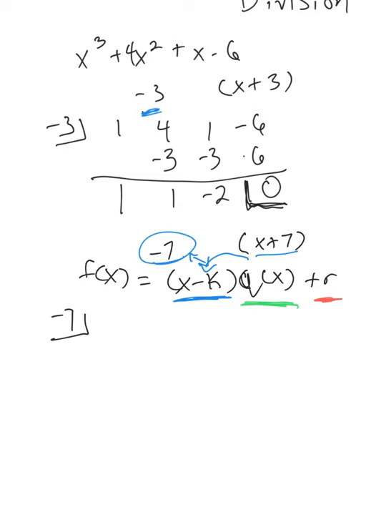Okay, moving on. Let's go on to the synthetic division. We want 1, 4, 1, -6, just like the steps before, but this time dealing with -7.